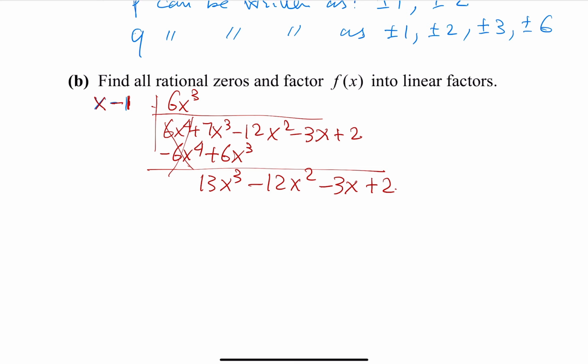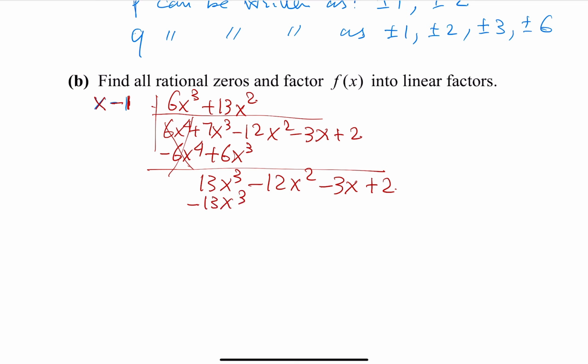Do the same thing. Which number do I have to multiply by x to give me 13x to the third? It's just plus 13x squared. Now 13x squared times x is 13x to the third. Take the opposite sign, which is negative 13x to the third.